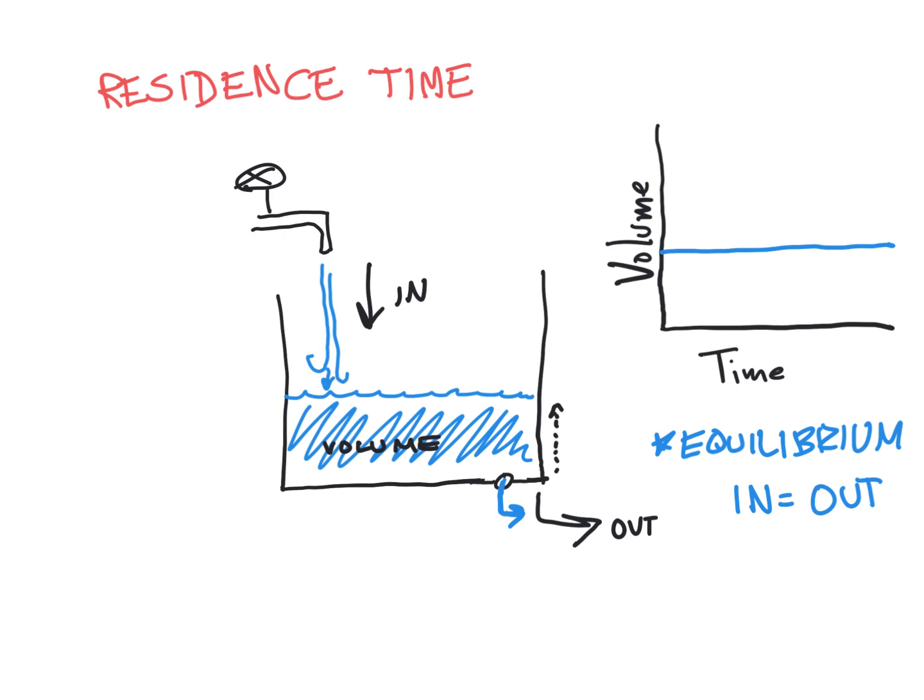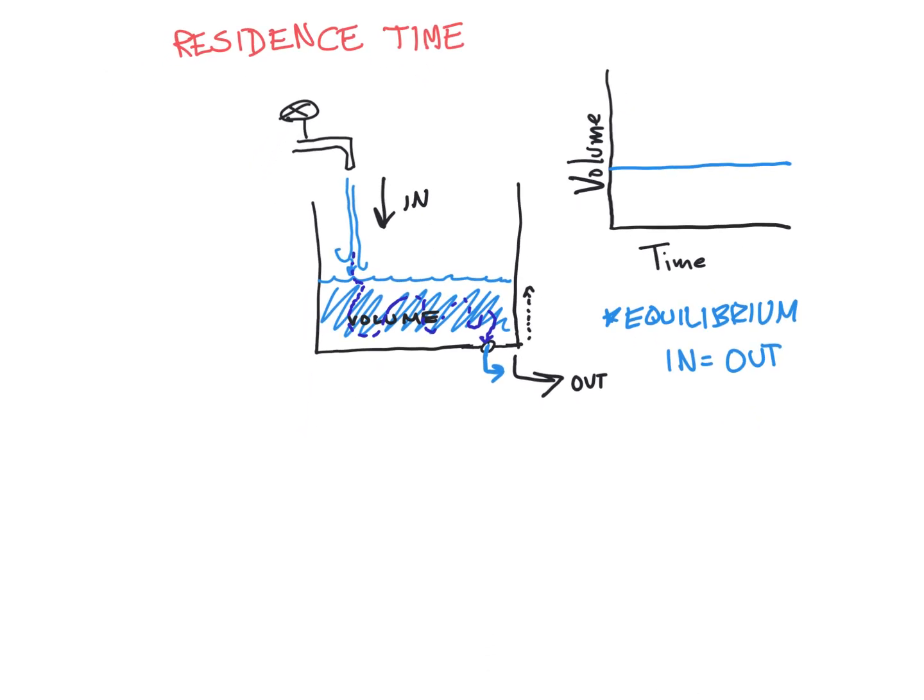So for demonstration purposes, the residence time that we're talking about is, in this example, if you follow a single drop of water as it enters the system, how long this water is actually spending in the sink. It's pretty simple numerically, so if you have a couple of numbers, you can estimate this.